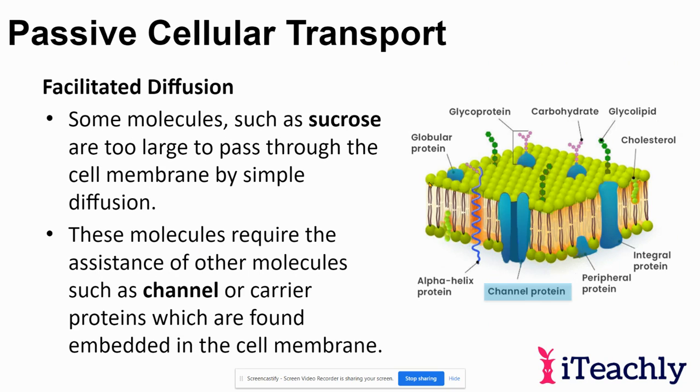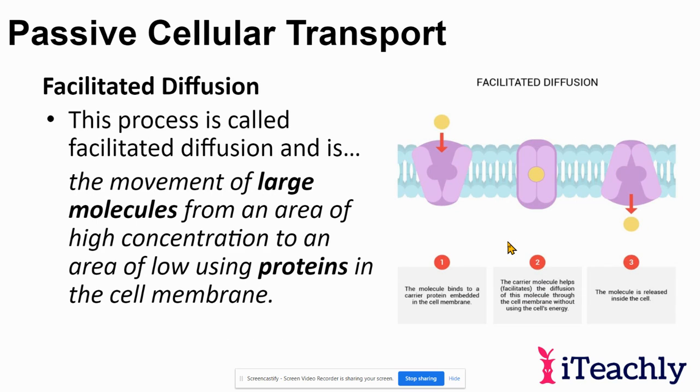Now, facilitated diffusion. Some molecules, such as sucrose, are too large to pass through the cell membrane by simple diffusion. These molecules require the assistance of other molecules, such as channel or carrier proteins, which are in the cell membrane. So that's this integral protein or channel protein, and they can work kind of like gates.